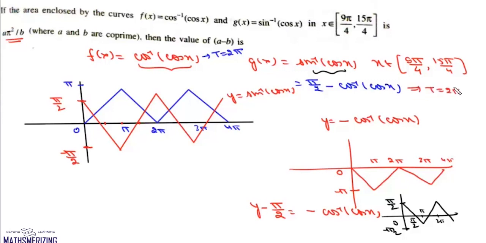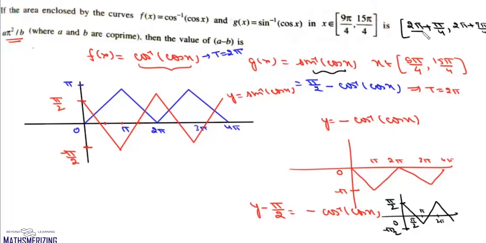Now we need to find the area between these two graphs in the interval 9 pi by 4 to 15 pi by 4. Now we can write 9 pi by 4 as 2 pi plus pi by 4, and we can write 15 pi by 4 as 2 pi plus 7 pi by 4.